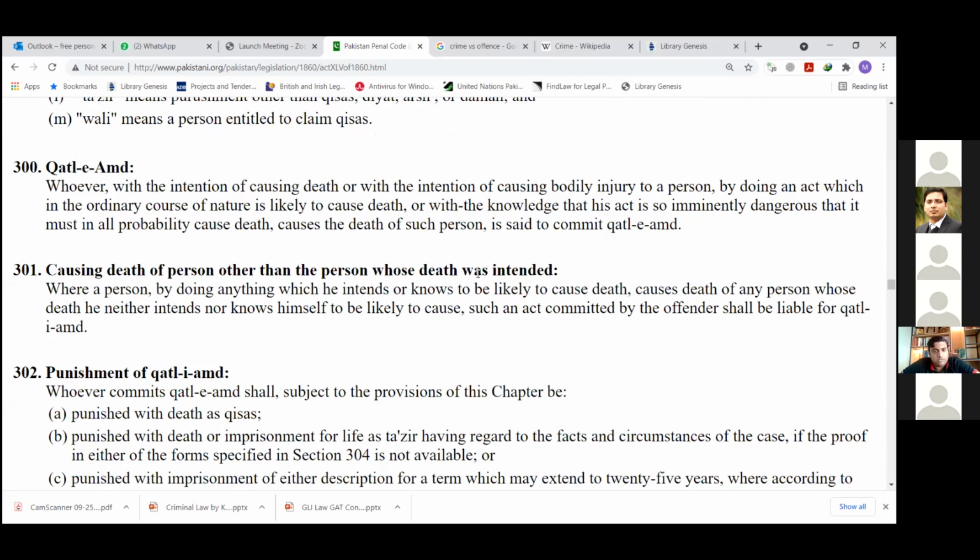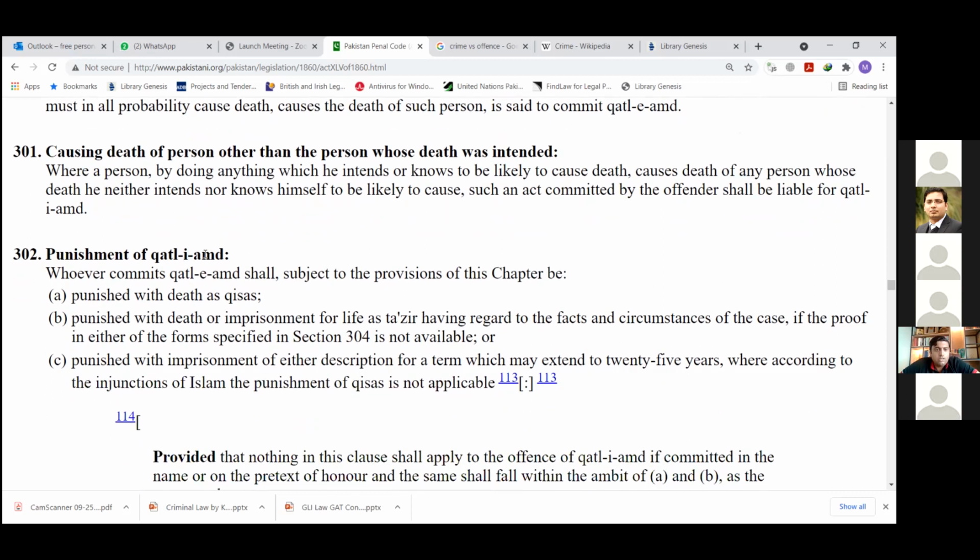So in simple terms, Qatl-e-Amd is an intentional action which results in murder of a person, causing death of a person.